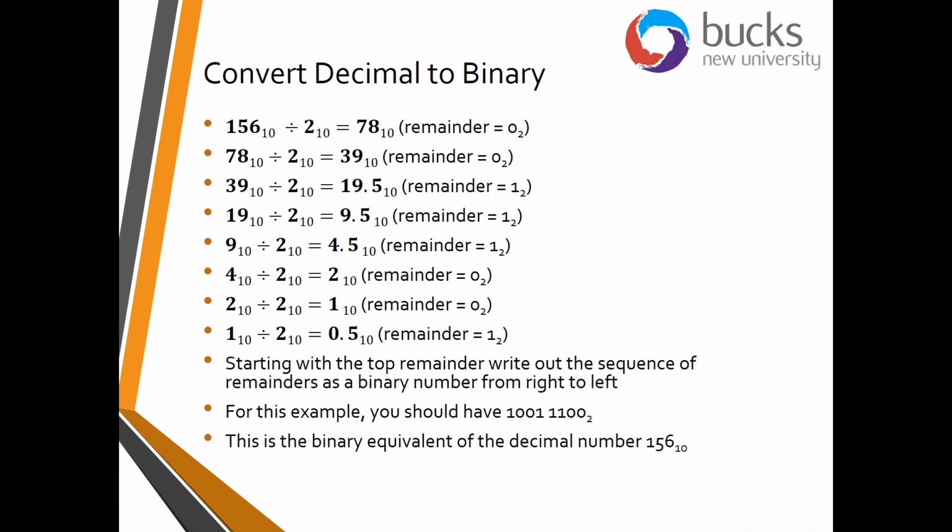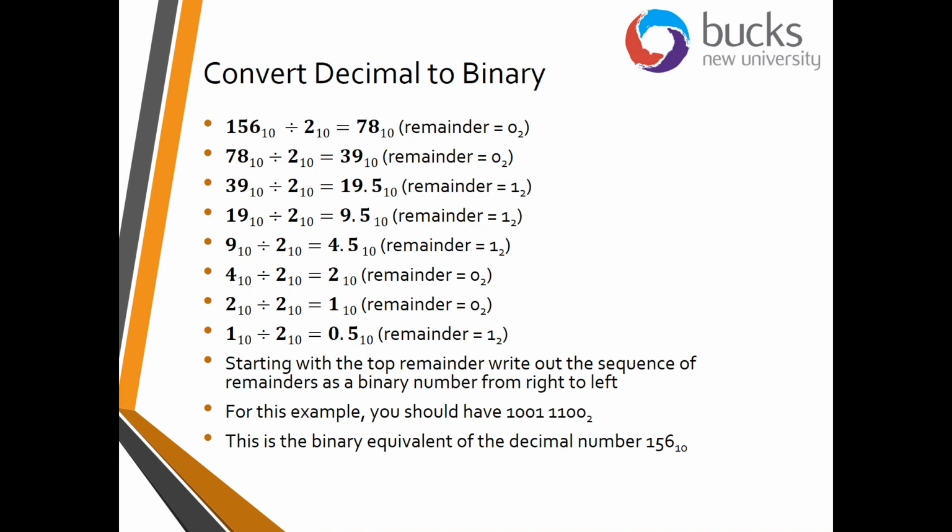Okay. So once the new quotient becomes less than 1, then you need to stop, and you just stay with the 1 number you got. So we got 1 in this case, that remains. So that is the binary equivalent of decimal number 156.